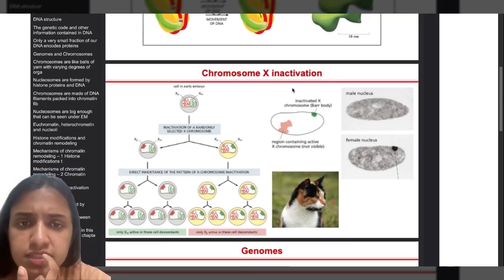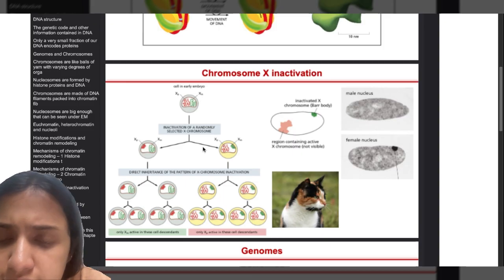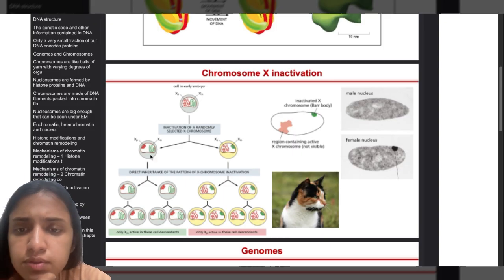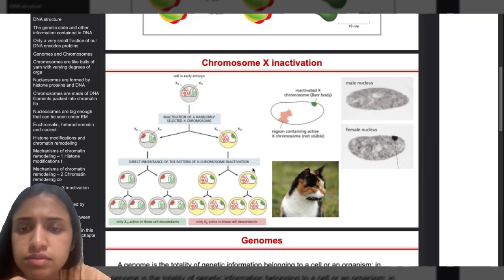Then you have X chromosome inactivation. So cells in the early embryo have two X's. There is inactivation of a randomly selected X chromosome. So if you inactivate one of these X chromosomes, the pattern of X chromosome inactivation is directly inherited.